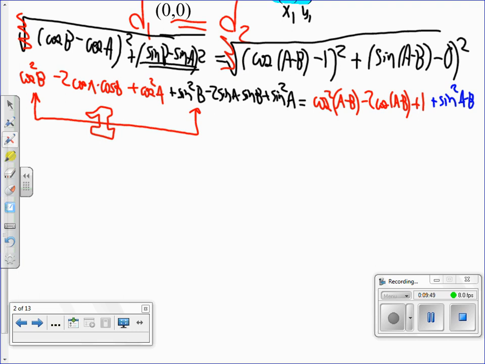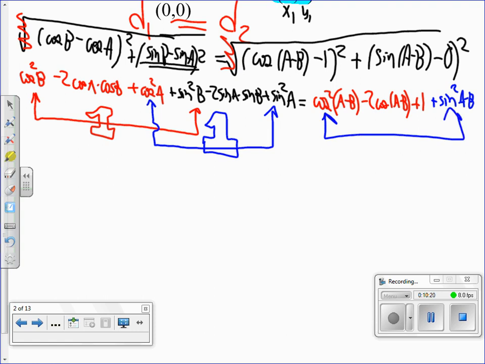Okay, and then how about this cosine squared a, what can I pair that with? Sine squared a, and what will that be equal to? 1. Okay. And are there any other of those we can do? Excellent, Tommy. So you've got it. That's your next one.